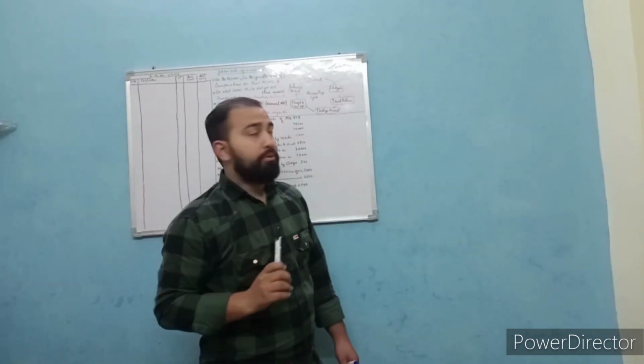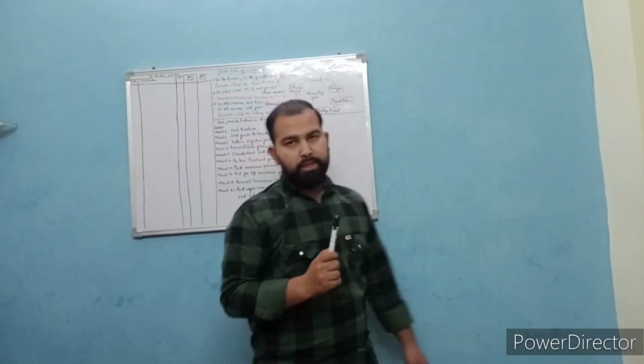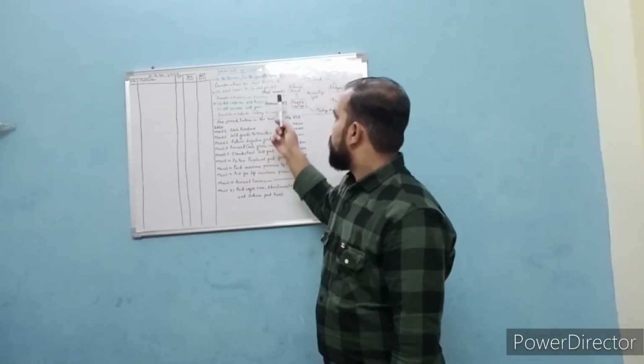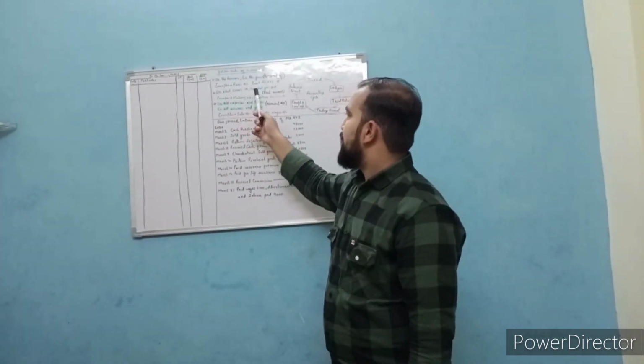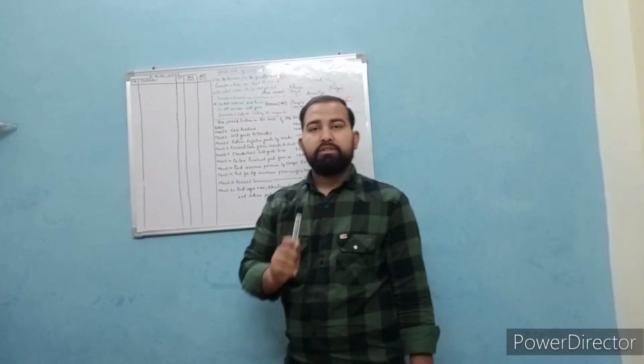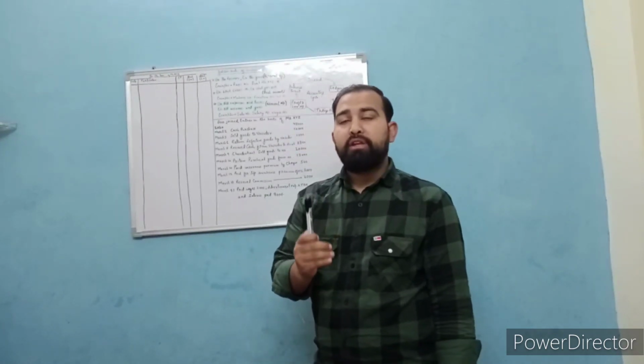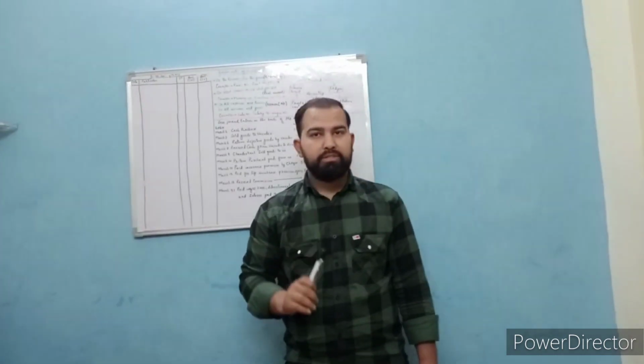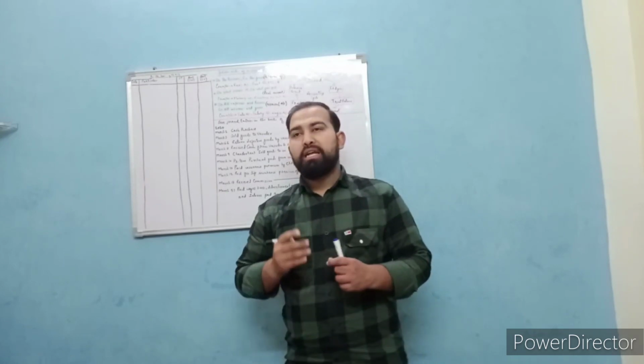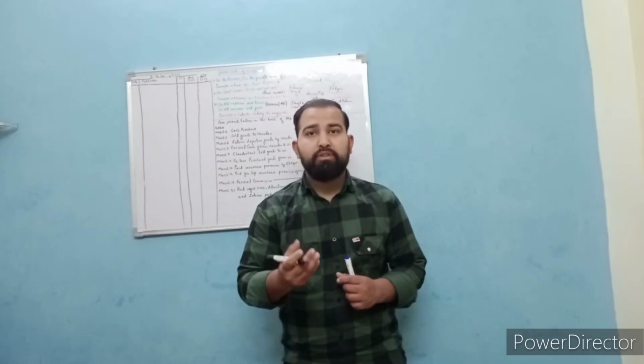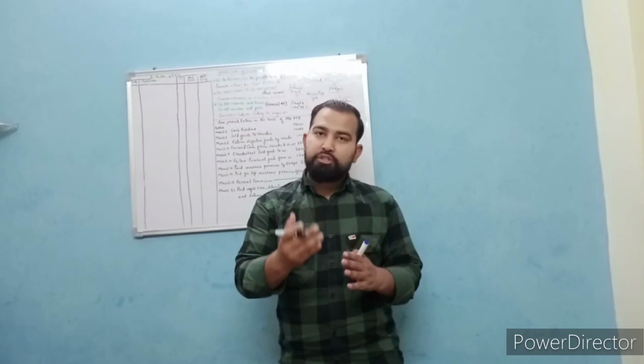In real account, the rule is debit what comes in and credit what goes out. In real account, we record tangible assets. Tangible assets are those assets of the business, tangible and intangible.